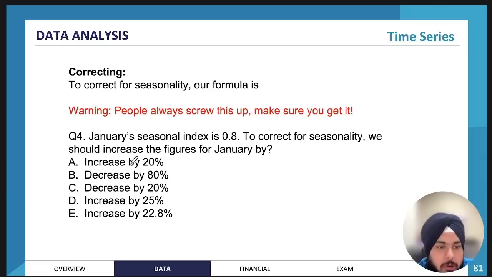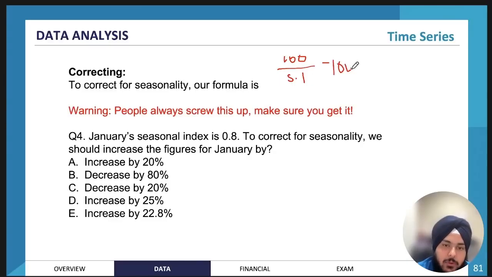Now, in terms of correcting for seasonality, we have a formula. Correcting for seasonality is where we have a particular value, but we want to correct it: what if there was no seasonal variation? What would that value be? The way you do it is 100 over seasonal index minus 100.